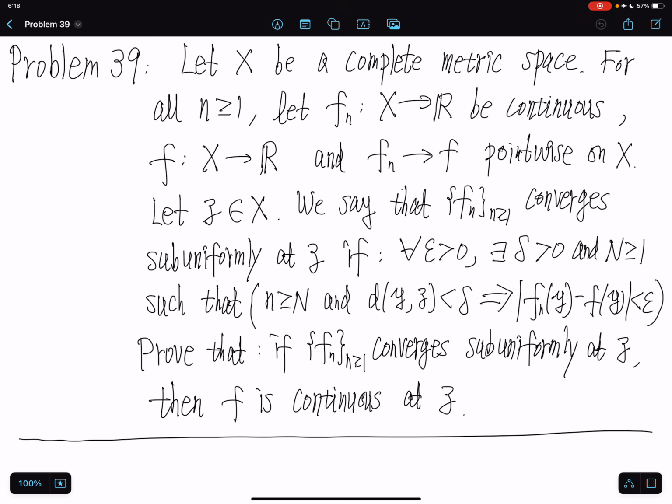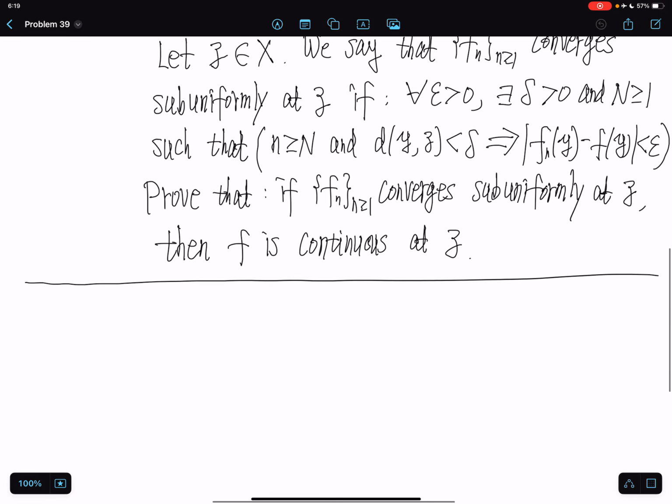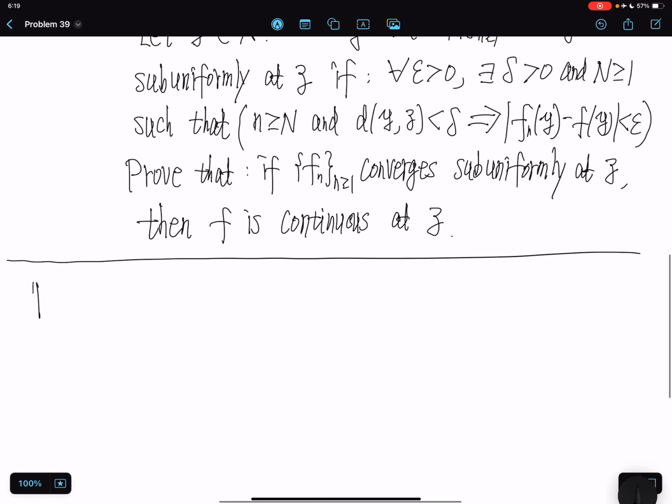It's uniform across all x. But here the convergence subuniformly is defined at a point, each point, right? So let's see how to prove this.